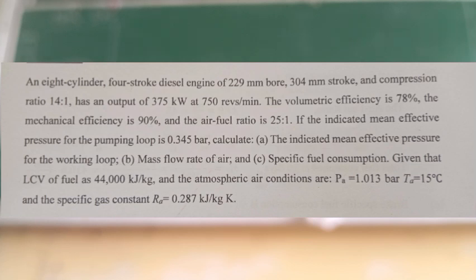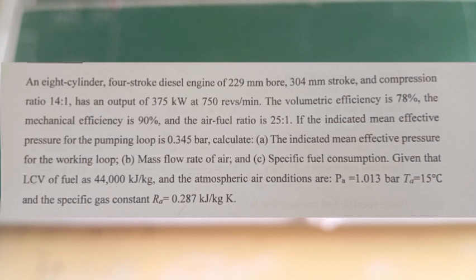If the indicated mean effective pressure of the pumping loop is 0.3345 bar, calculate A, the indicated mean effective pressure of the working loop, B, the mass flow rate of air and the specific fuel consumption, given that the LCV of fuel is 44,000.